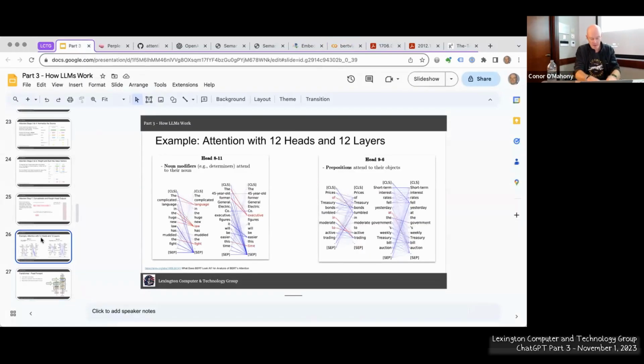That's what's happened with the paper that's linked to on this page. If you click through to this paper, it will talk about what different heads are doing. So the high-level summary here is that we're starting to understand the relationships of the words to one another.